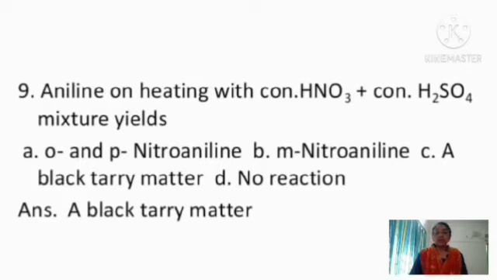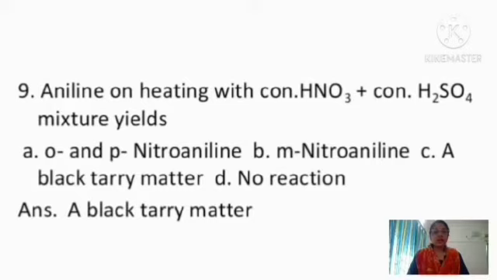Again, if nitration is carried out in a controlled manner, aniline has a chance to undergo nitration and result in the formation of meta-nitroaniline. Because in acidic medium there is a chance of forming the anilinium cation, which deactivates the benzene ring, and so the nitro group can attack at the meta position of the anilinium cation.